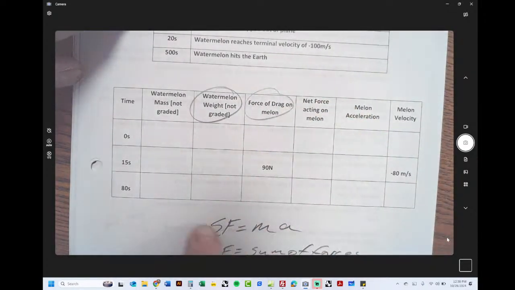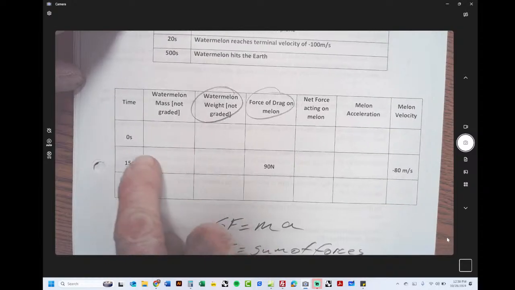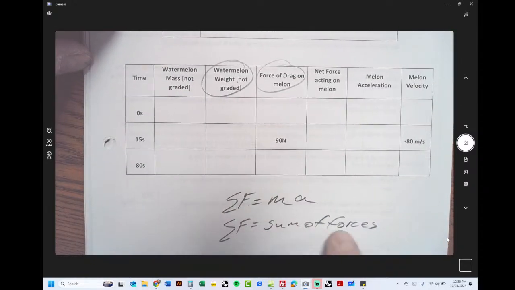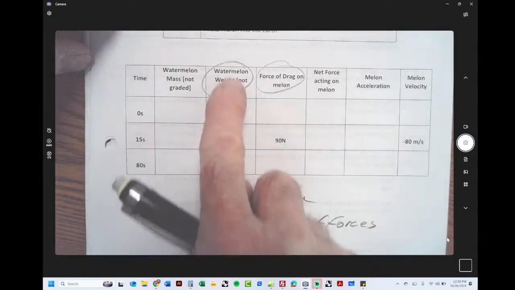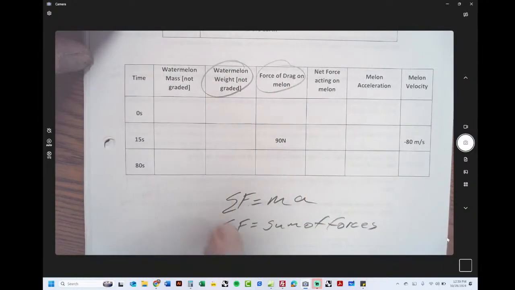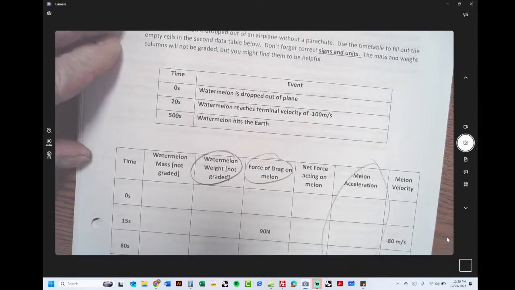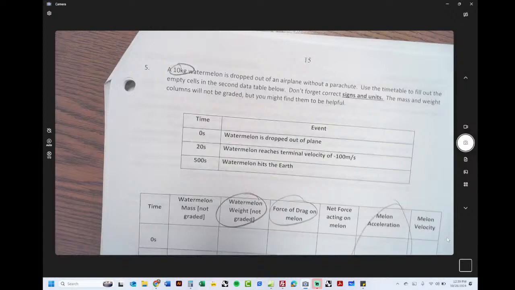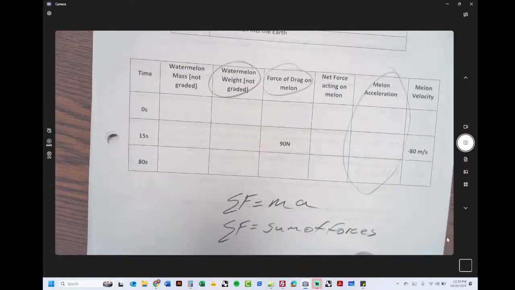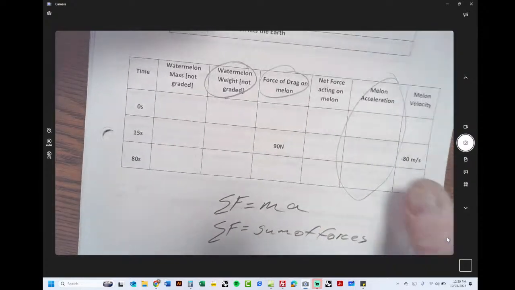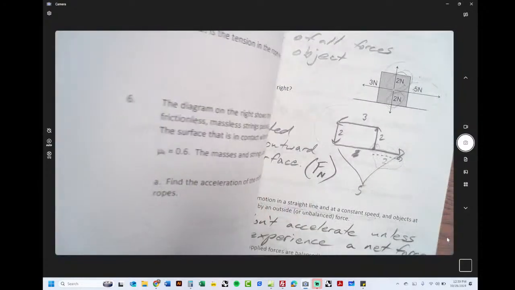So normal force is only when it hits the ground. And these times are before it hits the ground. So if you're thinking about adding up forces, these are the 2. If you want to do F equals ma, here's the acceleration, and you're given the mass of the watermelon, 10 kilograms. So there's that, which is tricky, but once you get the hang of it, it'll be easy after we practice it a few times.